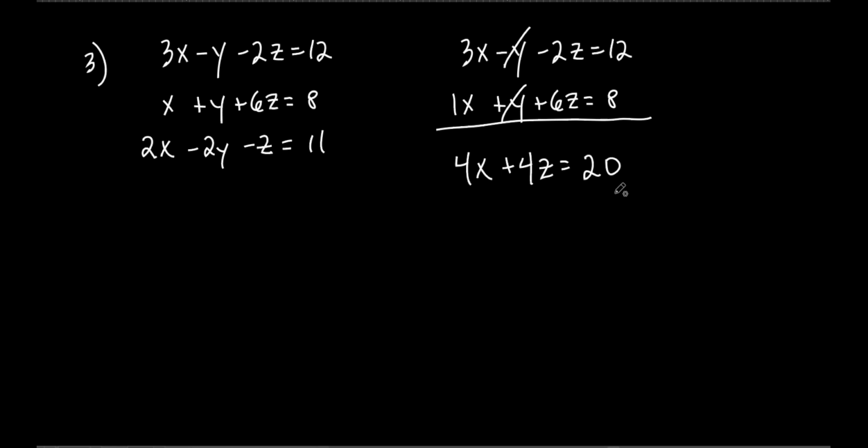But I think it might make things a little bit easier. So I'm going to divide everything right here by 4. So what do I get? x plus z equals 5. So I think, personally, that might make it just a little bit easier. You don't have to do that, but I did.